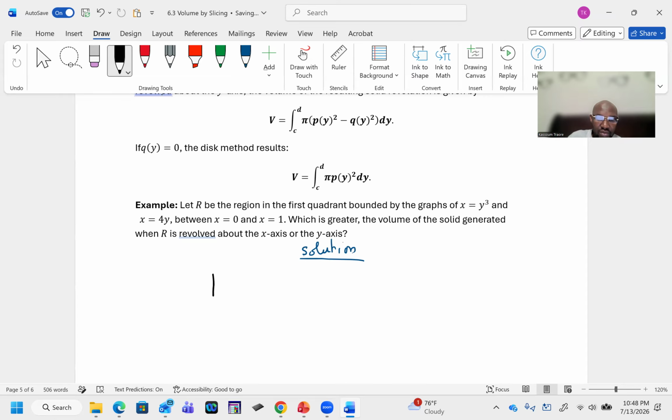I'm going to make it small because I don't want to take too much space. You will see what the graph means.